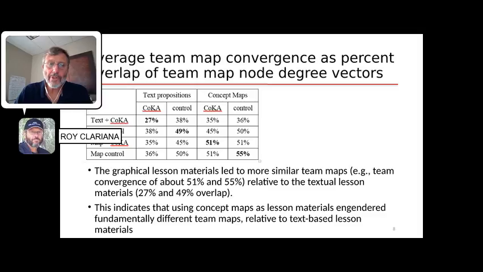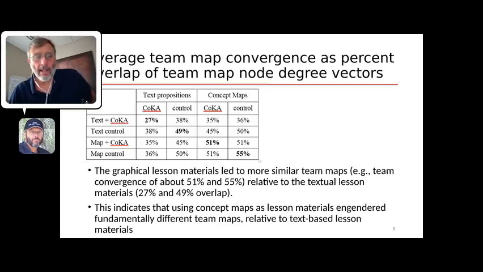All right, this data shows convergence. Convergence is quite an interesting metric in that it shows the relationship between a triad's map to another triad's map. So one concept map compared to another. On the diagonal of this chart, you see the relationship between a triad's map to other people who are in their condition, whereas off of the diagonal is the triad's map to those who are not in their treatment condition.